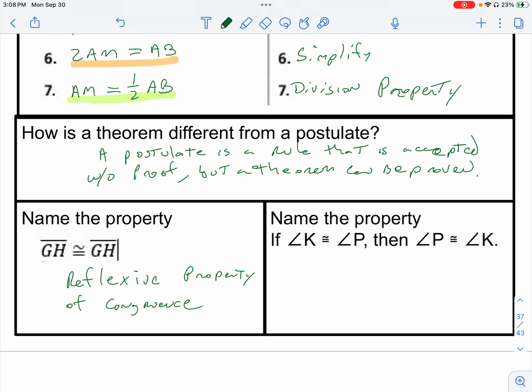So let's move over here to the next one. If angle K is congruent to angle P, then angle P is congruent to angle K. Well, it's the same coming and going. That's our symmetric property. And since it's congruence and not equals, it's of congruence. Pretty simple, it fits right in.